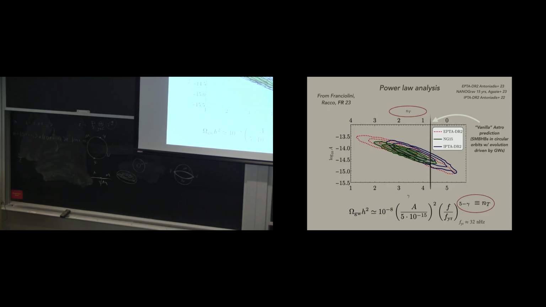Now, this is vanilla because nowadays, of course, it's understood that there are other effects that can cause deviations from this. For example, the evolution may be initially driven by environmental effects surrounding the supermassive black holes, and also the orbits may have some ellipticity and so on. So if you look at the zoo of astrophysical models and predictions for the gravitational spectrum, typically there are turnovers at low frequency.